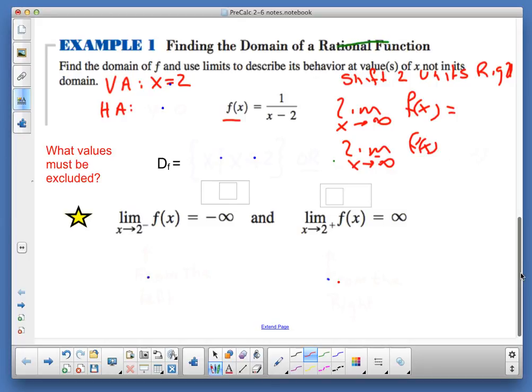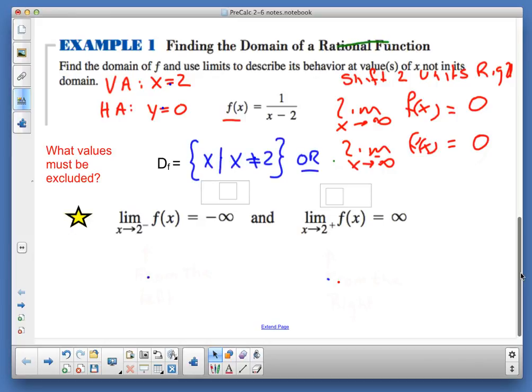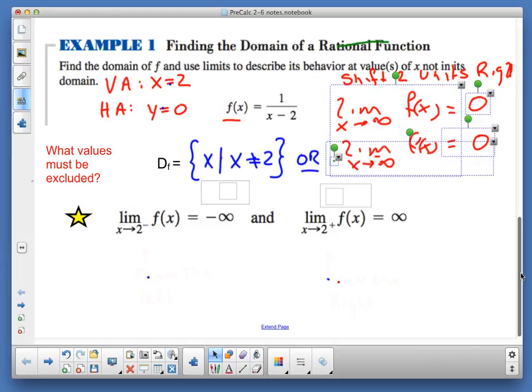In this case, it's a horizontal asymptote, in both cases 0. So end behavior is part of that horizontal asymptote. We're looking at that approaching 0, y equals 0. So the domain can't have 2. If I want to put it in, let's take care of these guys for a second.